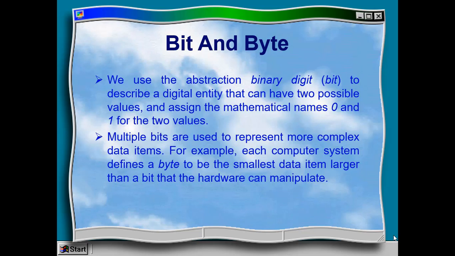So whenever we talk about a bit, we simply mean the logical number 0 or 1. Multiple bits are used to represent more complex data items. For example, each computer system defines a byte to be the smallest data item, larger than a bit, that the hardware can manipulate.